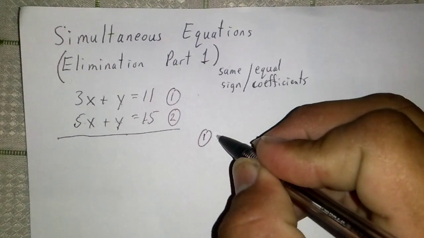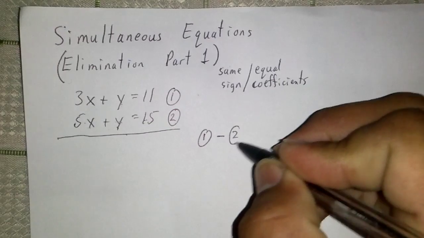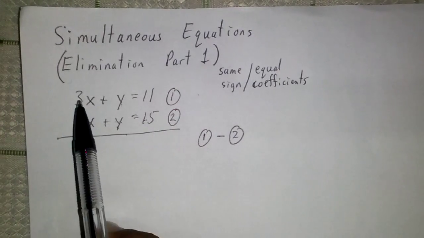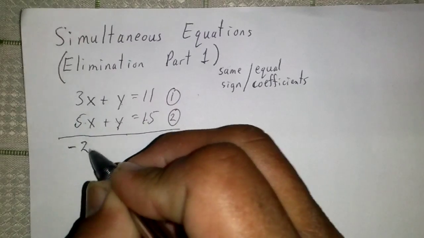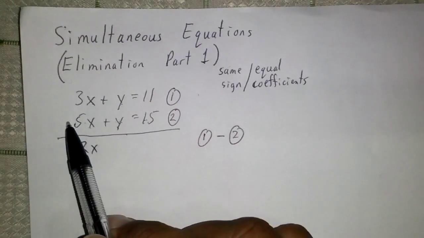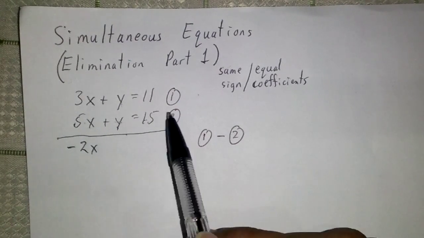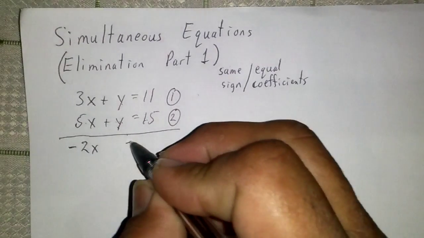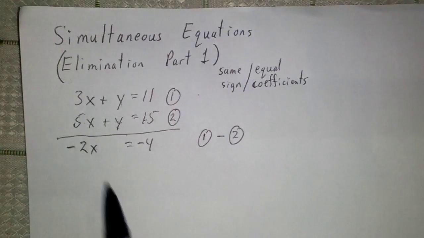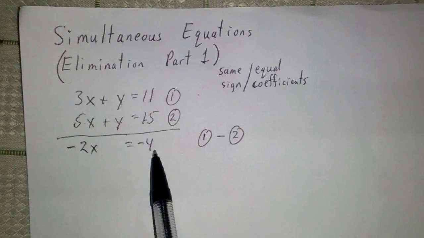Equation 1 will be less or subtracted by equation 2. So therefore we say 3x minus 5x giving us negative 2x. Y minus a positive y will give us 0y. 11 minus 15 will give us a negative 4. So now we have negative 2x equals negative 4.